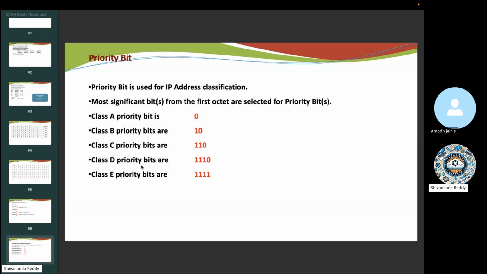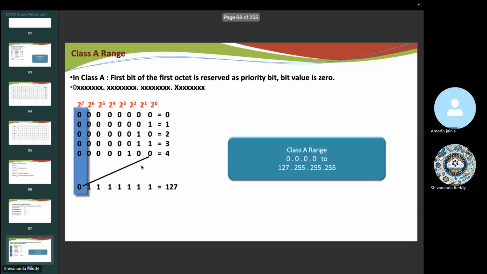Class A priority bit is 0, class B priority bits are 10, class C 110, class D 1110, and E is four ones. You can see in class A, the first bit of the first octet is reserved as a priority bit, and its value is 0.